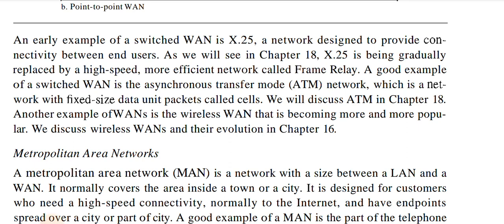A good example of a switched WAN is the asynchronous transfer mode (ATM) network, which is a network with fixed-size data unit packets called cells. We will discuss ATM in chapter 18. Another example of WANs is the wireless WAN that is becoming more and more popular. We discuss wireless WANs and their evolution in chapter 16.